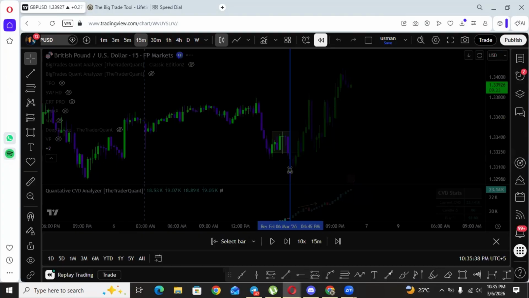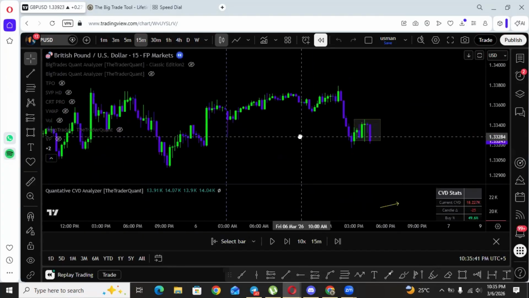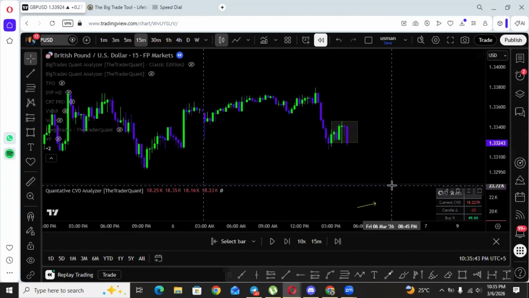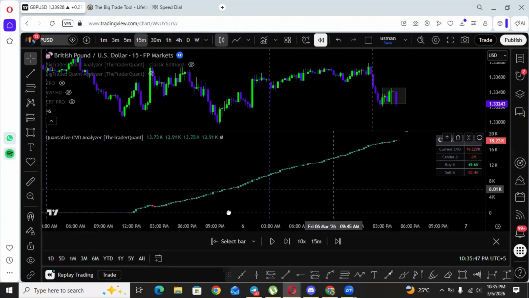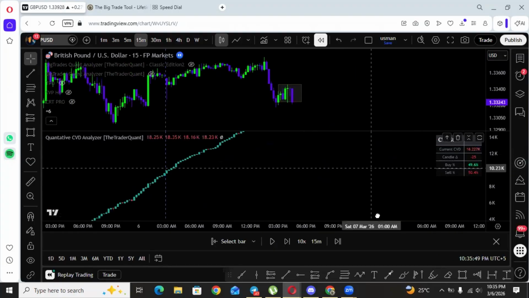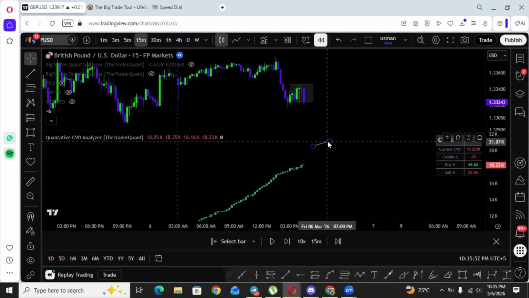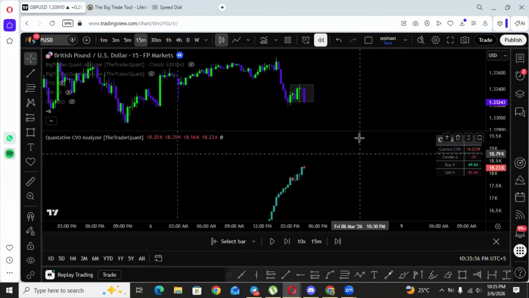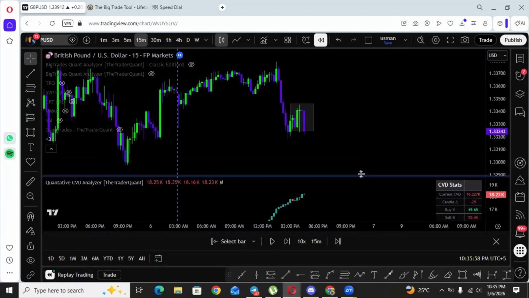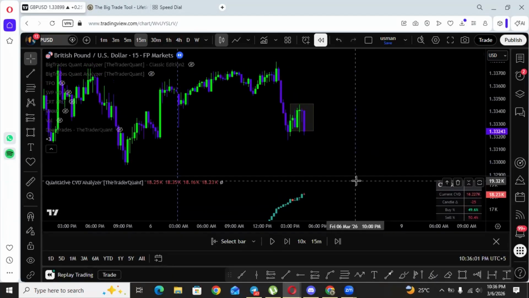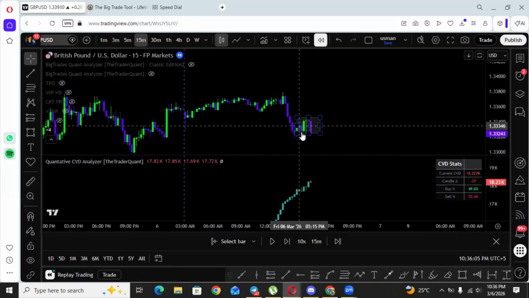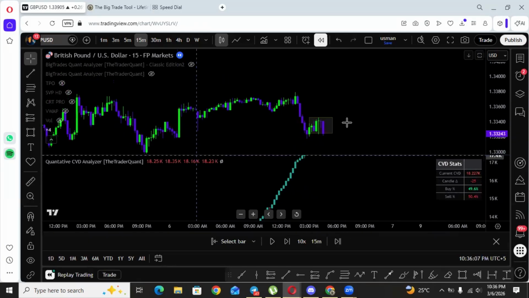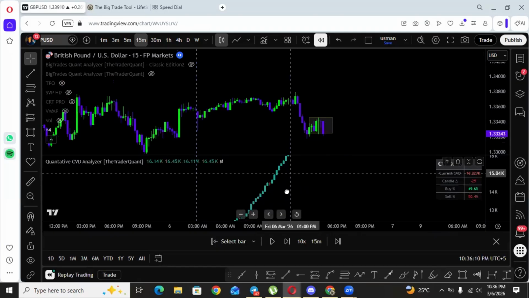This is GBPUSD, and the analysis that I shared in the group was when the market was somewhere at this point at that time. I shared this analysis in the picture: price is moving down, price is moving down, but institutions are strongly, aggressively buying.